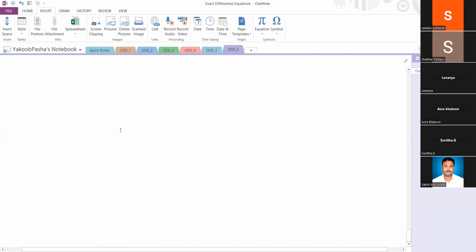కొన్ని ప్రాబ్లమ్స్ చూద్దాం. ఫస్ట్ the integrating factor of y dx minus x dy is equal to 0.